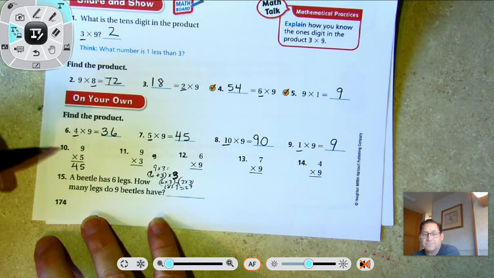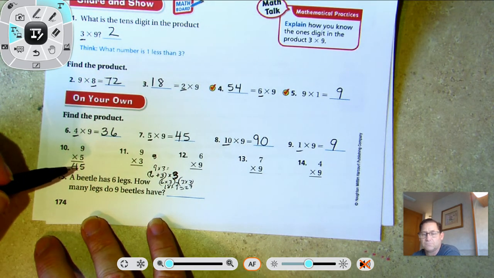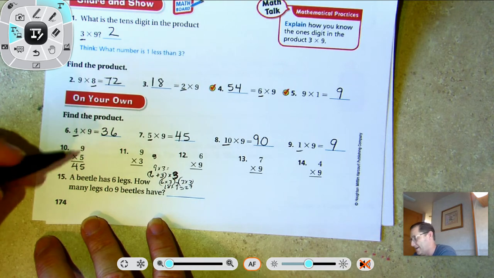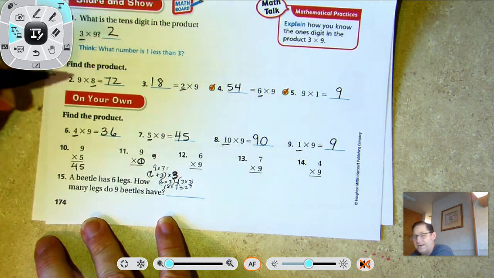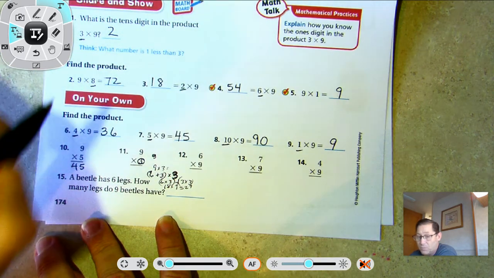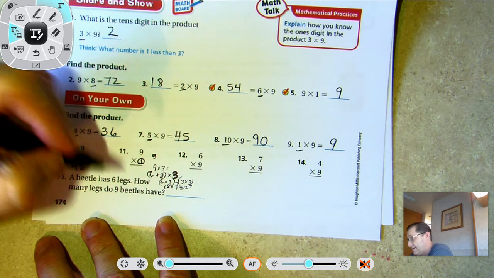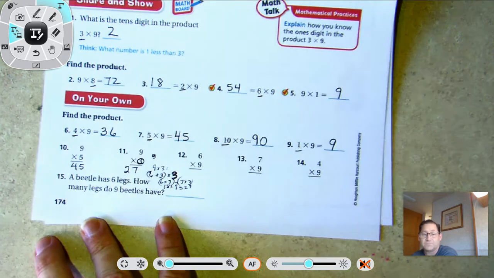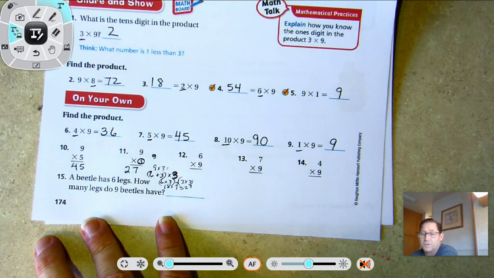Okay, I could do that. Seems like a lot of work to get 3 times 9, when I could just say, well, I know the tens digit has to be 1 less than what I'm multiplying when I'm multiplying with 9. Okay, 2, and then 2 plus what is 9? 7.